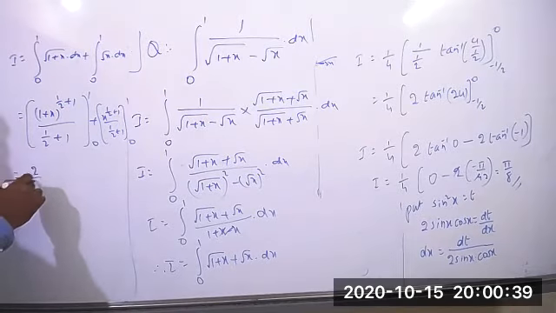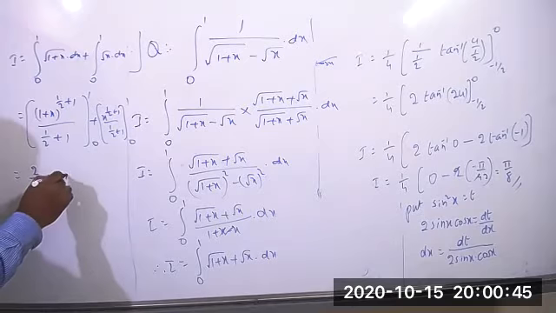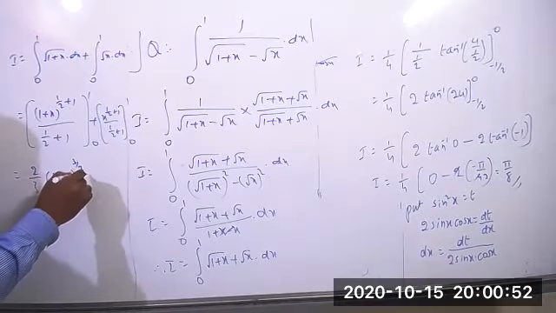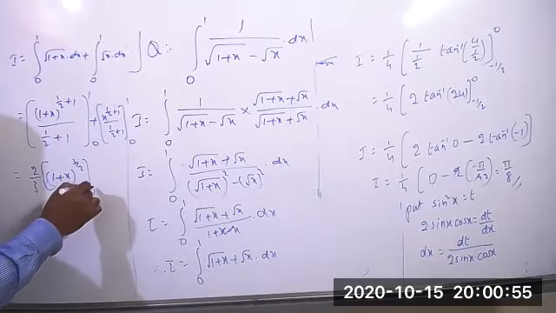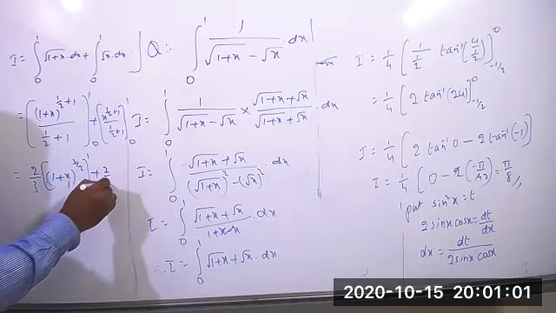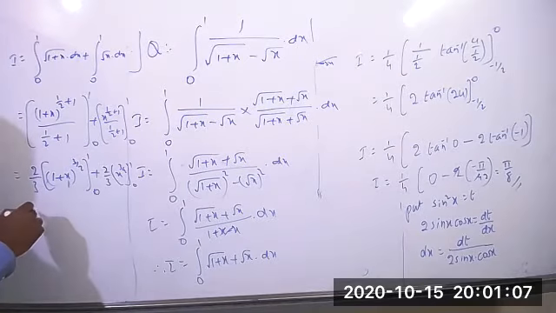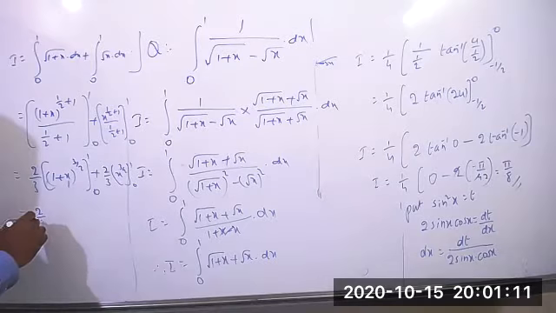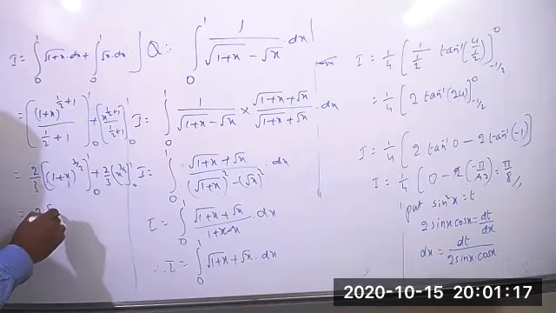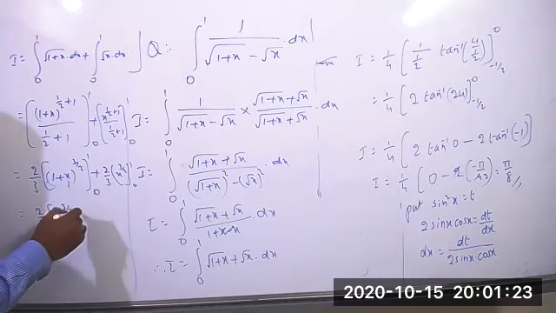So 3 by 2. So 2 by 3 into the reciprocal. So 1 plus x whole power 3 by 2, with limits 0 to 1, plus here also 2 by 3 can be taken outside, so x power 3 by 2, with limits 0 to 1. 2 by 3 is common, so you can take it common or write separately. 2 by 3 into upper limit 1 plus 1 equals 2, so 2 power 3 by 2, minus 0.